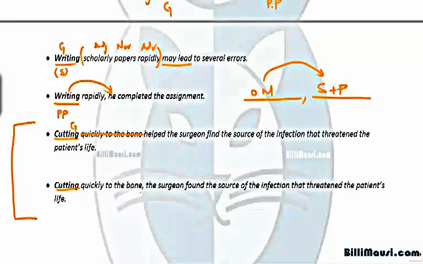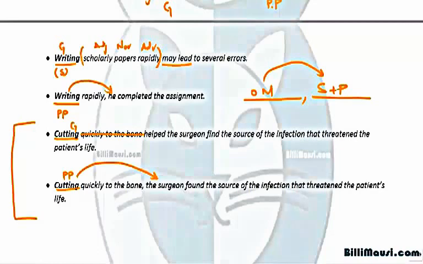Cutting quickly to the bone, the surgeon found the source of the infection that threatened the patient's life. Here cutting is behaving as a present participle, which is giving more information about the surgeon. It's modifying the surgeon. It's an opening modifier starting with ing, so it will refer to the subject of the following clause.